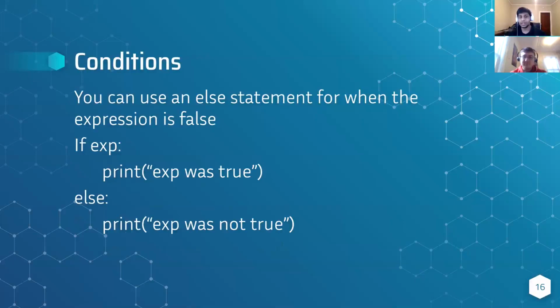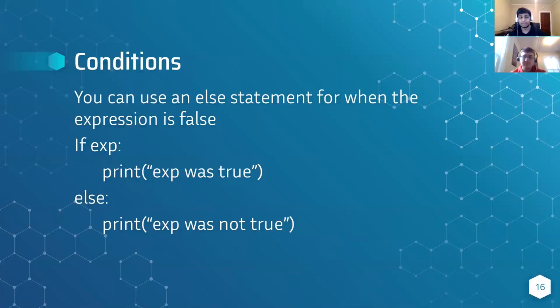There's another thing called an else statement. So say we have a condition and we want to do a certain action for that condition, but we also want to do an action if that condition wasn't true. That's what's considered an else statement. Here we have a variable called exp or expression. Exp could be either true or false. We don't know which one it would be.